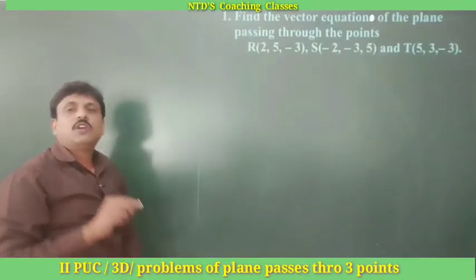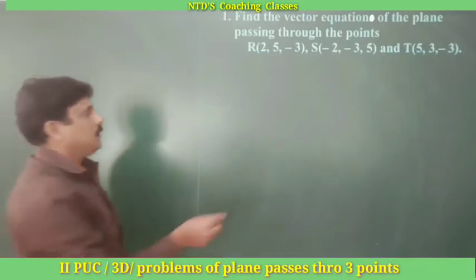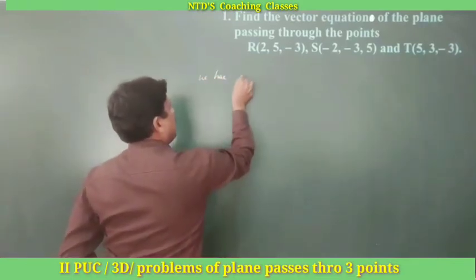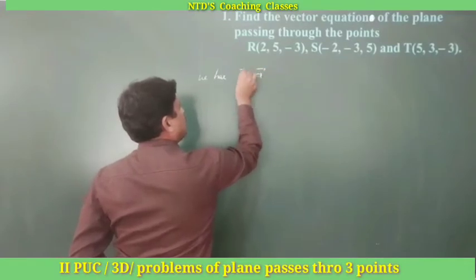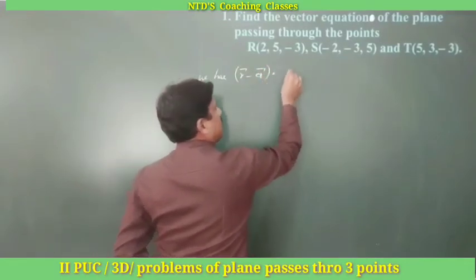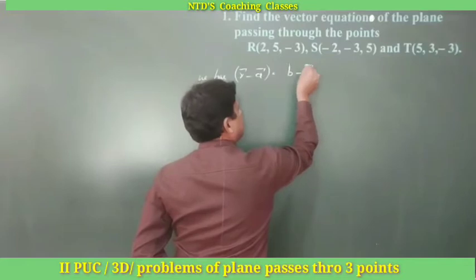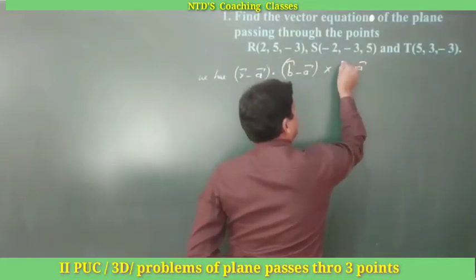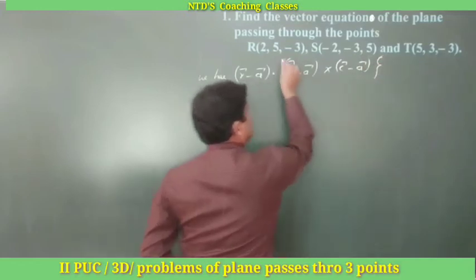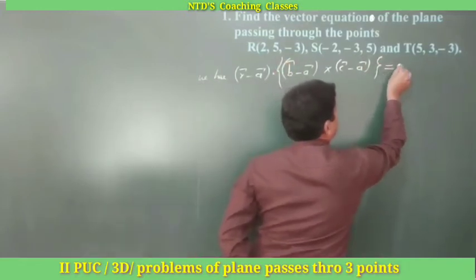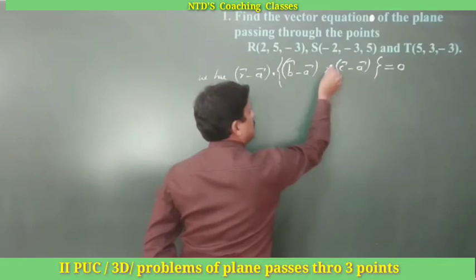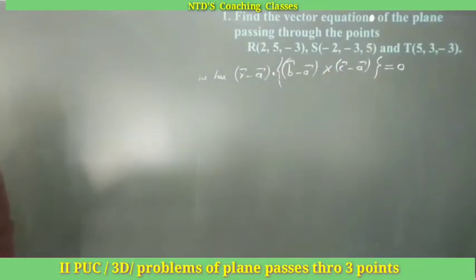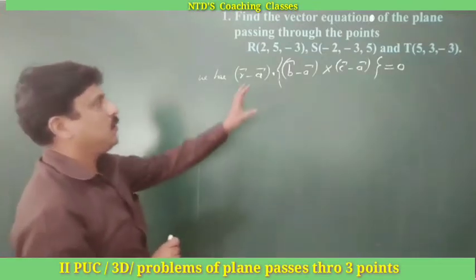What is the equation of plane in vector form? In vector form we have the formula (R minus A) dot (B minus A) cross (C minus A) equals 0.